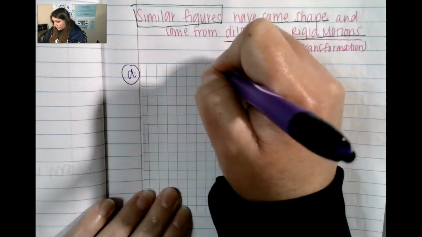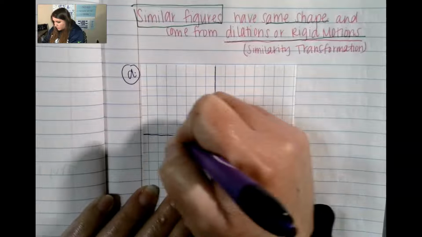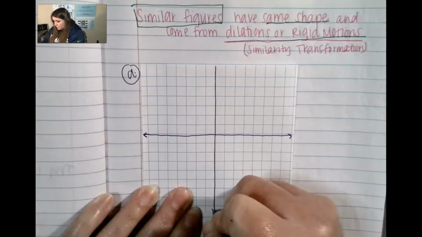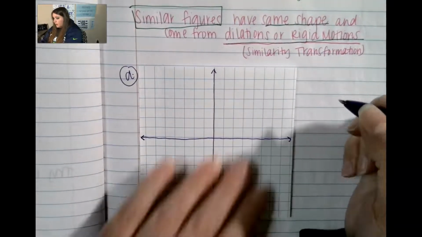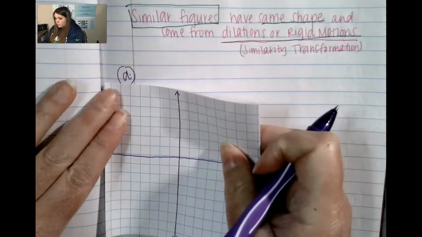So we're going to have two figures, and we're going to start by just graphing and then seeing where we land. Let me move this over just so I have a little bit of space to write.